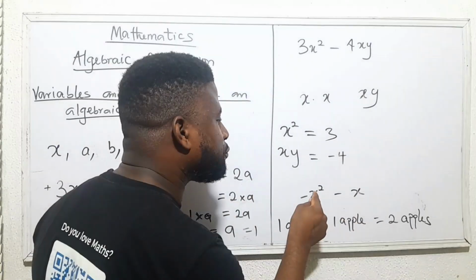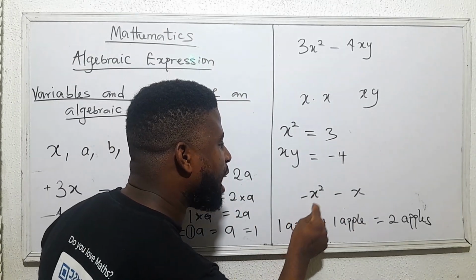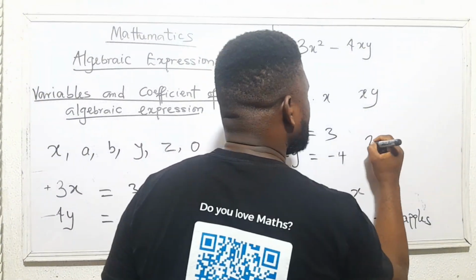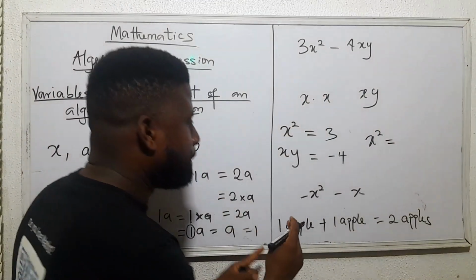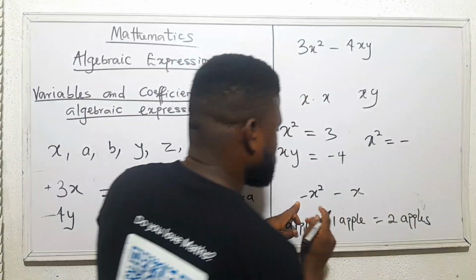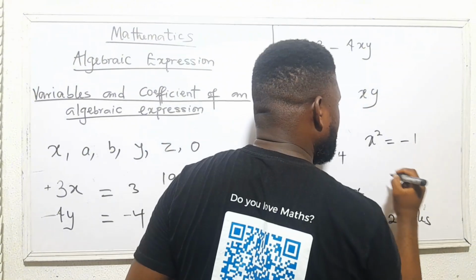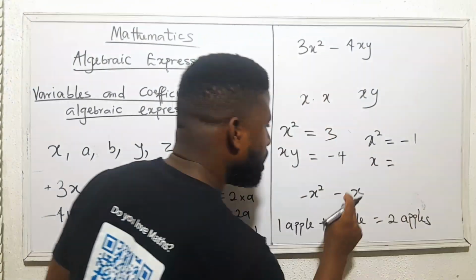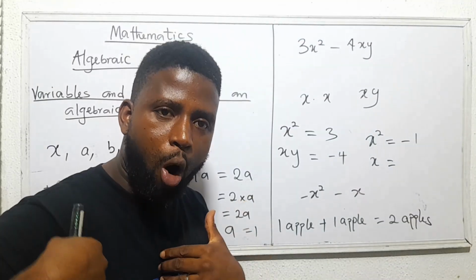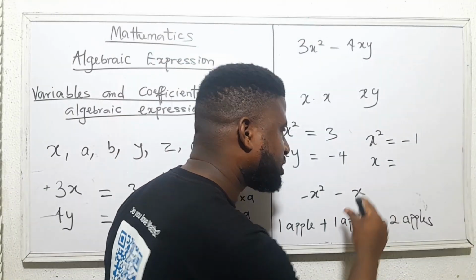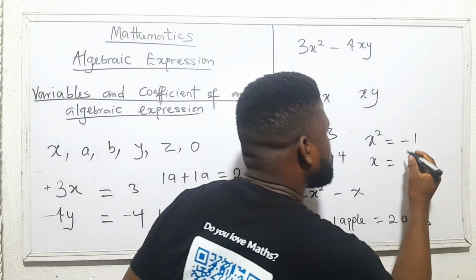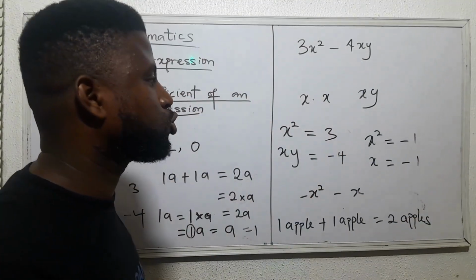If you are asked to find the coefficient of x squared, you should know that it is both the number and the sign. The sign is minus and the number is 1. As well as x, the number that multiplies x is 1, because x times 1 gives us x. But the sign attached to it is also minus, and that gives us minus 1.